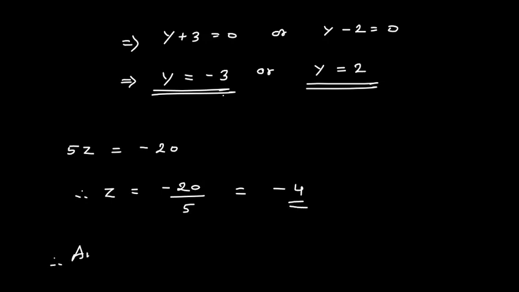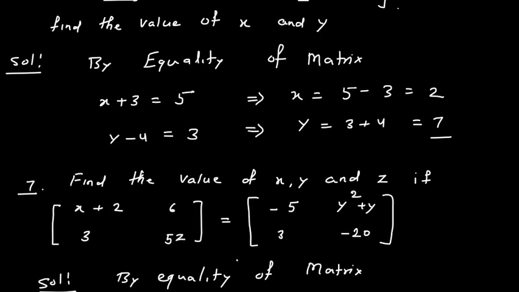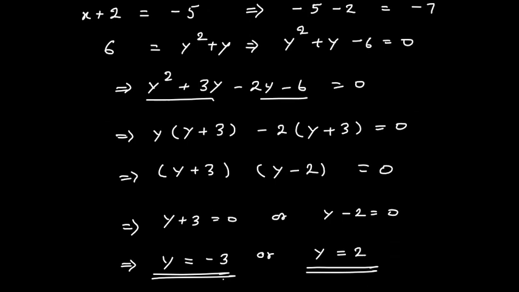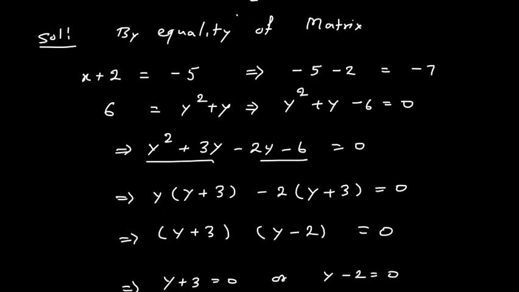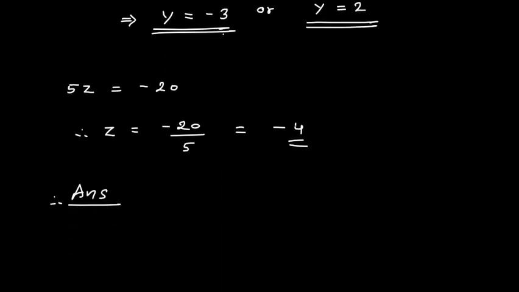So therefore finally the answer: the value of x is minus 5 minus 2, so x is equal to minus 7. Y is minus 3 or 2, and z is minus 4.